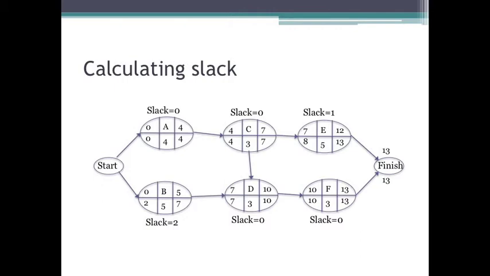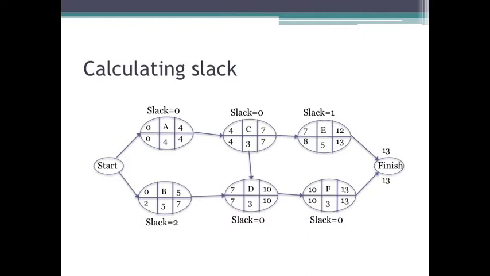Then once task C is finished, task D starts, and it takes 3 weeks, so it goes from week 7 to week 10. And then once task D is finished, task F starts, and that goes from week 10 to week 13. So, how long does this project take? 13 weeks. This is not an accident.